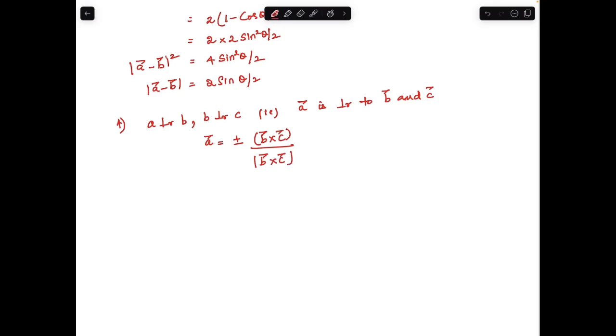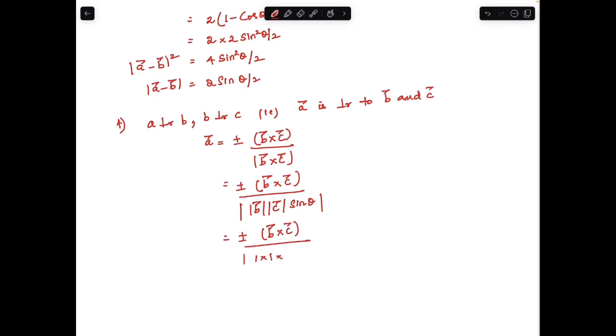Plus or minus B cross C, magnitude of B, magnitude of C, and sine theta. The theta is the angle between B and C, which has been given in the question.